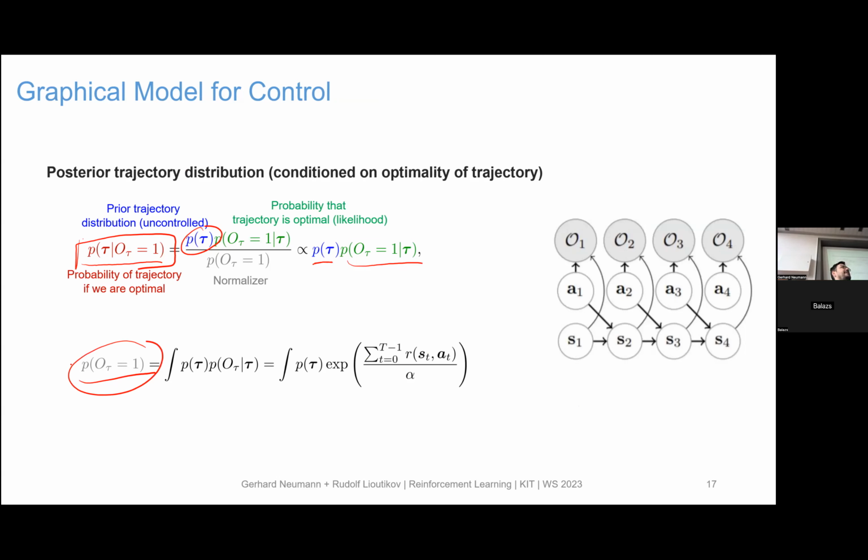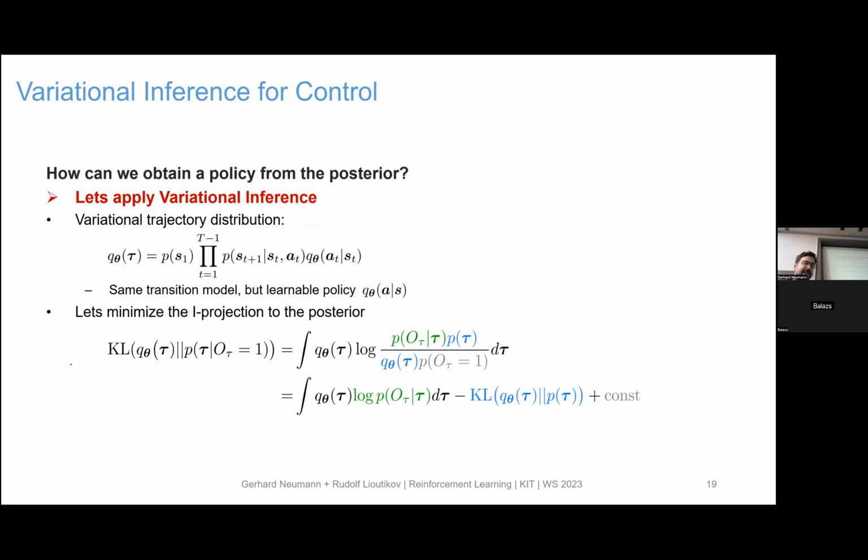I don't know that. But I already said a couple of times, we can apply variational inference no matter whether we know the normalizer or not, isn't it? We don't care. The I-projection doesn't depend on the normalizer. So that's basically the key idea. How can we apply variational inference to the control problem?